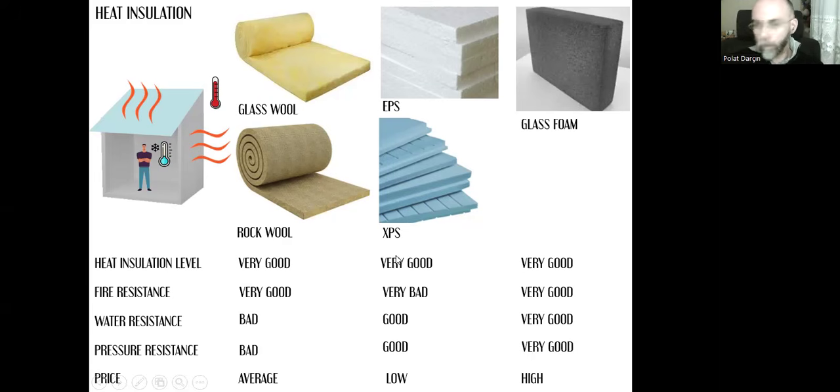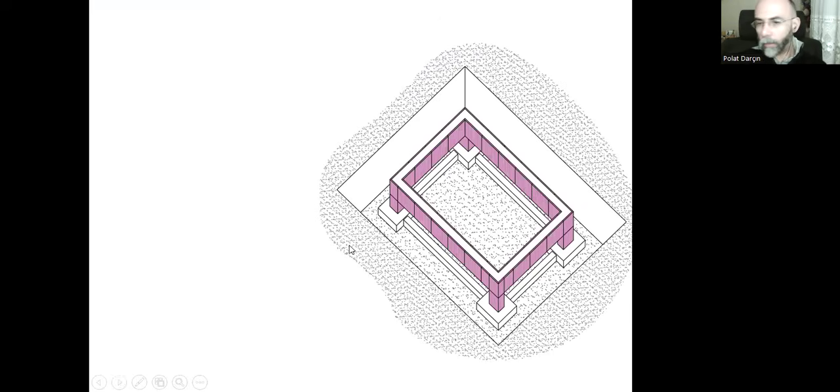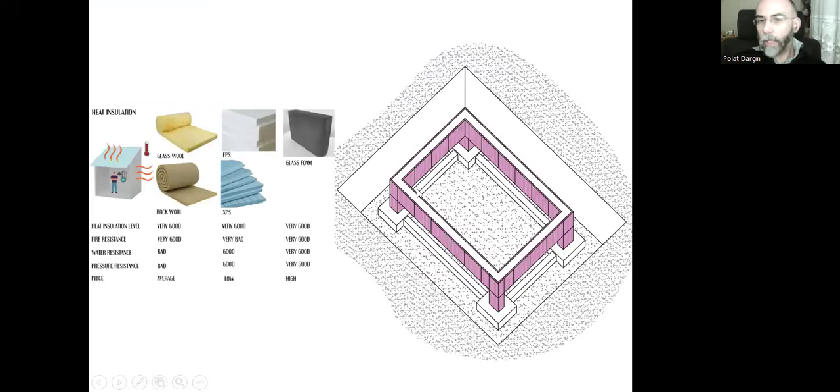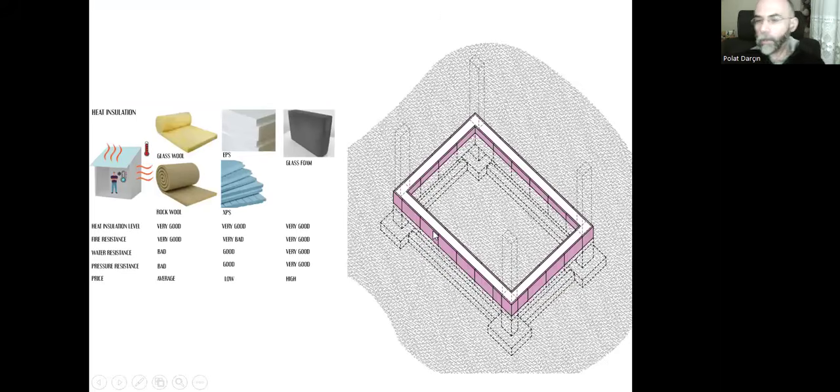You remember that last semester when we were doing the foundations, we provided heat insulation for the foundations. We covered all the foundation columns and these grade beams with XPS because we will be burying all these plastic heat insulation membrane boards inside the damp earth. The fire risk is pretty low there.